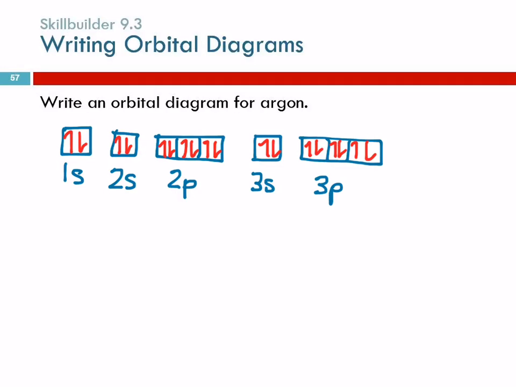Argon is a noble gas. See how nicely it fills up all of its boxes? You get a discount at the hotel when you do that. Bring in exactly the right number of people. Any questions about the orbital diagram for argon?